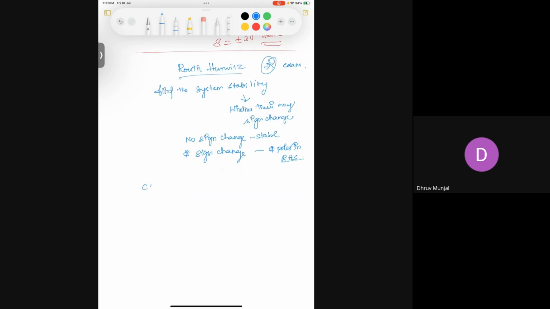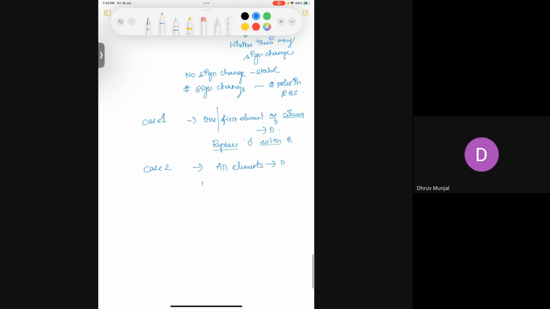The second thing is case 1, where the first element of a row goes to 0. For this, replace 0 with a small value epsilon, proceed with the same steps, and look for any sign change. For case 2, all elements of a row go to 0.